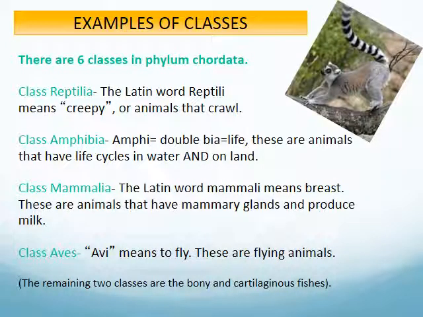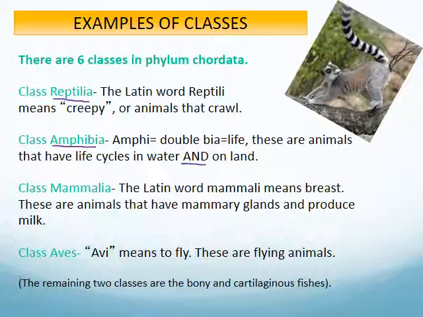Class. All right, so there are 6 classes within phylum Chordata. It can be class Reptilia, from the Latin word reptili, which means creepy or animals that crawl. It can be amphibia. Amphi means double, bia means life. These are animals that have life cycles in water and on land. Could be class Mammalia, from the Latin word mammali, meaning breast.